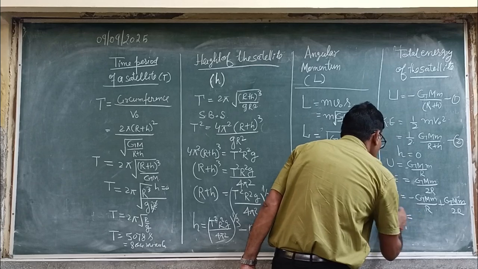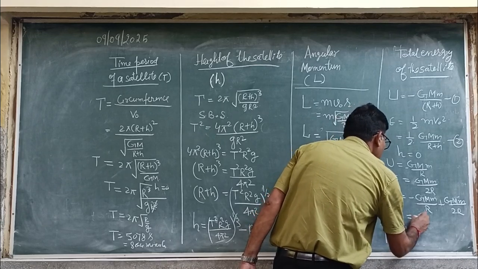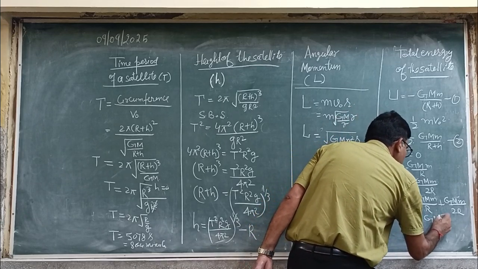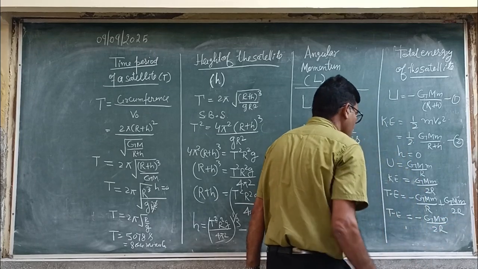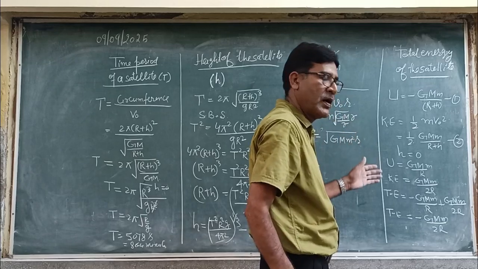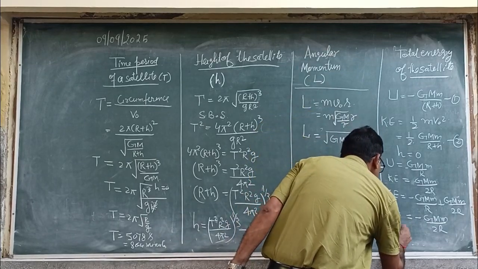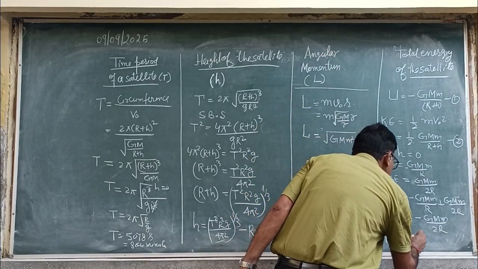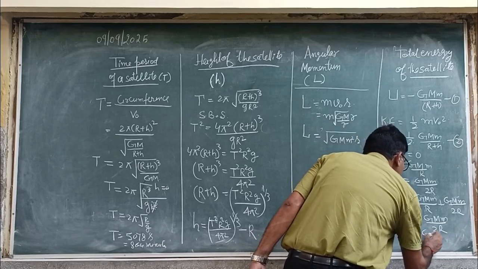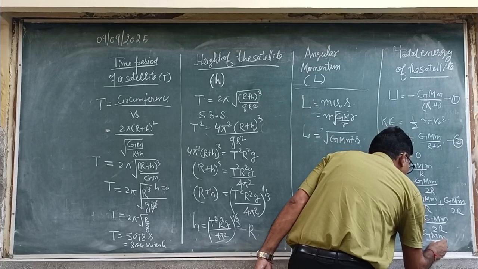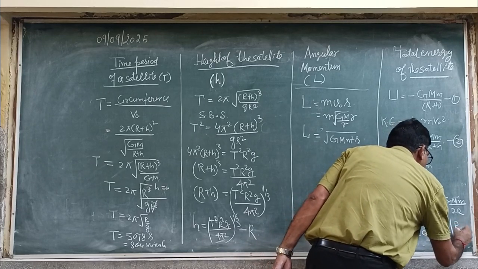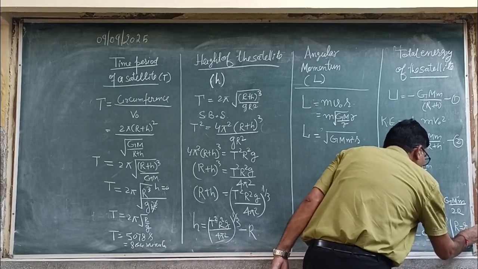So this comes out to be equal to minus GMm upon 2r. I replace this radius of Earth by small r, any distance, that is, total energy of this satellite is equal to minus GMm upon 2r.